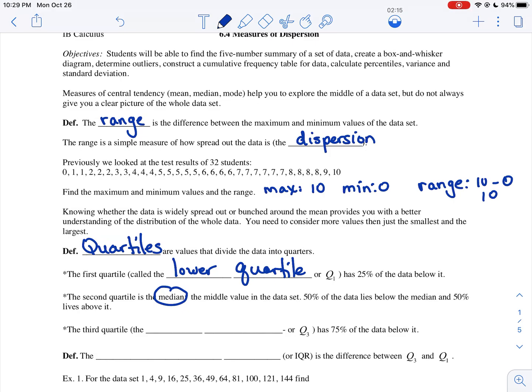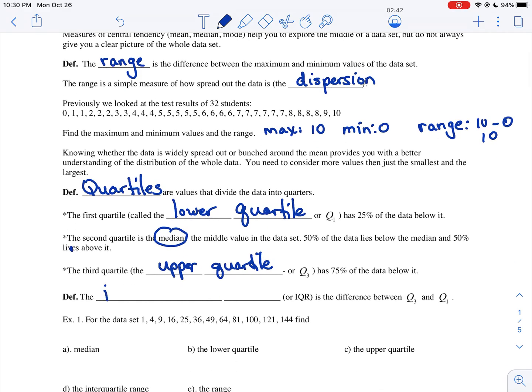It's the middle value in the data set, which means that 50% of the data lies below the median and 50% lies above it. The third quartile is called the upper quartile, or Q3, and has 75% of the data below it.